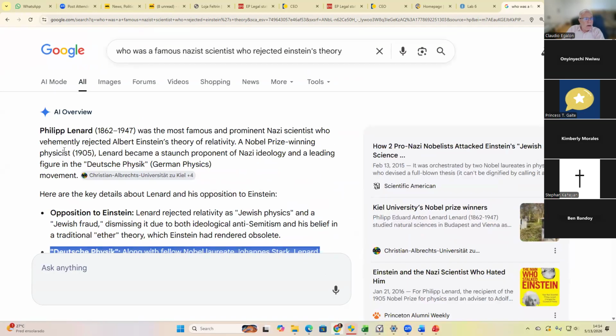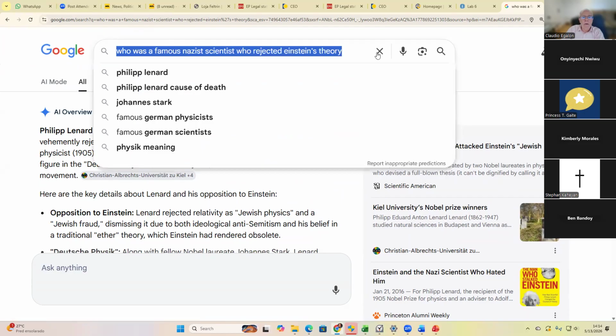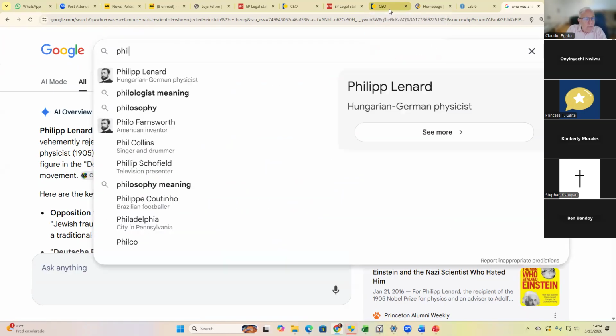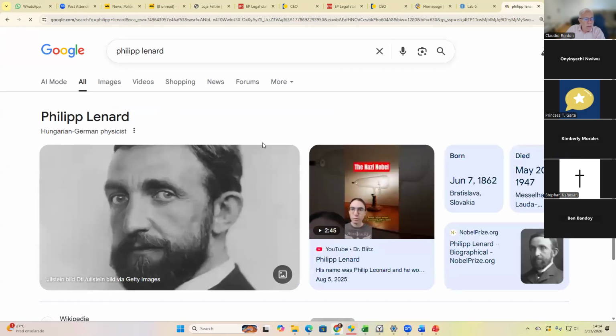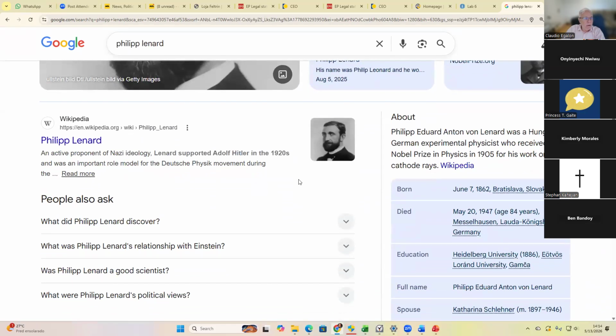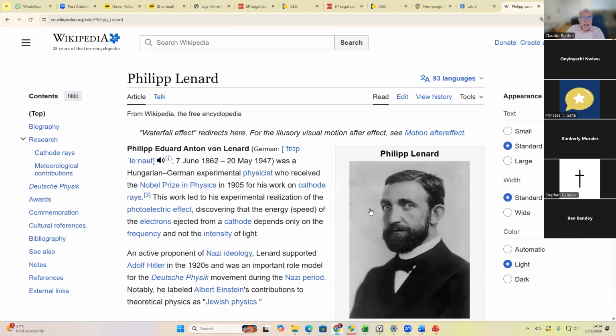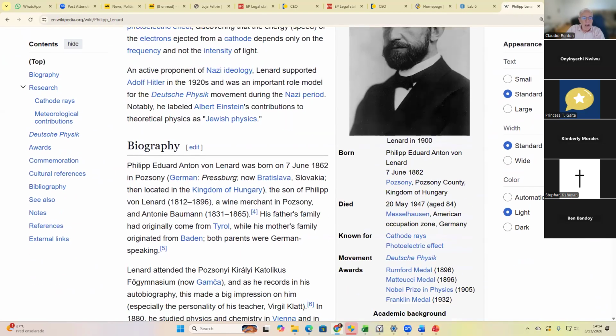What it doesn't say here, let's see, what was the work of Philipp Lenard? Hungarian-German scientist. He worked on the photoelectric effect. Yeah, here you go. That's what his Nobel Prize was all about. And Einstein also, when he won the Nobel Prize, was cited for his contribution on the photoelectric effect, which was kind of hilarious, right?